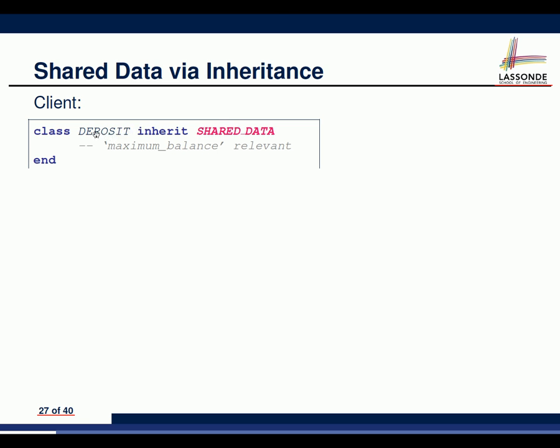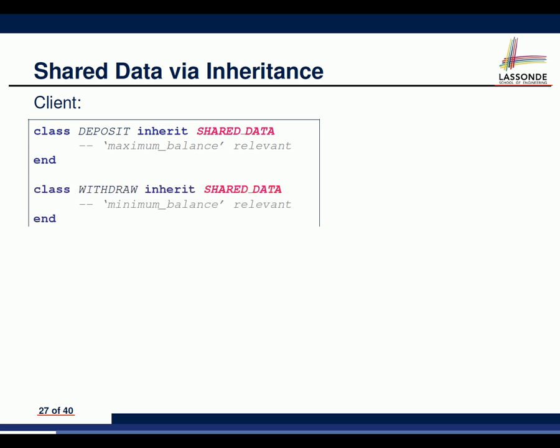Let's say we got a deposit class which inherits the shared data, which means every deposit operation can get access to the shared data. However, deposit should only care about the maximum balance. It doesn't care about interest rate, doesn't care about exchange rate.